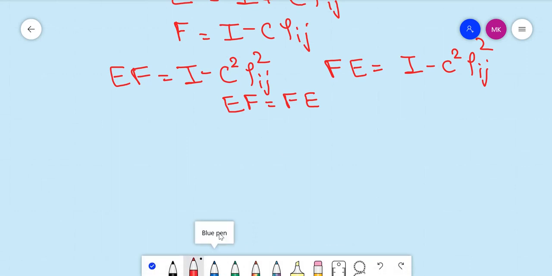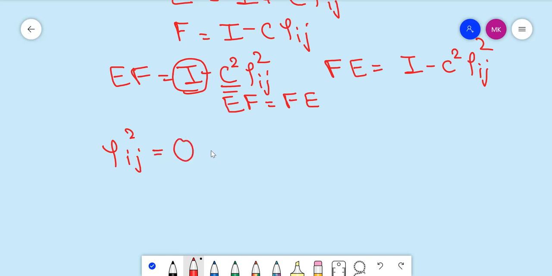So let's continue our proof here. You might see here that c can be any scalar. So to get only the identity matrix on the right-hand side, we need to prove that row ij square is 0.